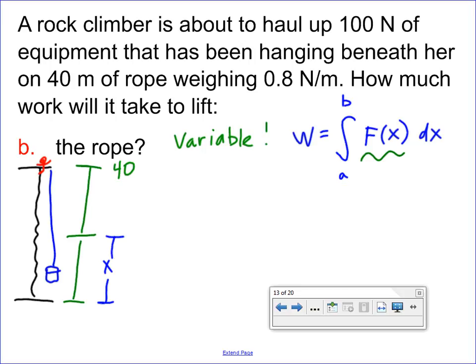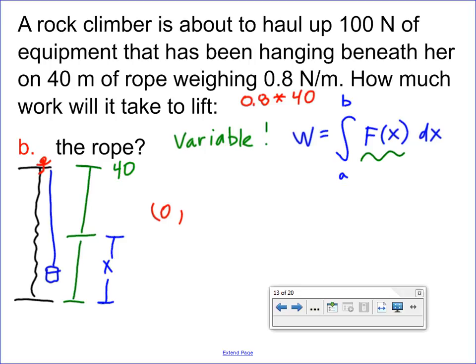Well, we know that my rope weighs 0.8 newtons per meter, so I can generate a linear function where if 0 meters have been hauled in, the rope weighs 0.8 newtons per meter times 40 meters.